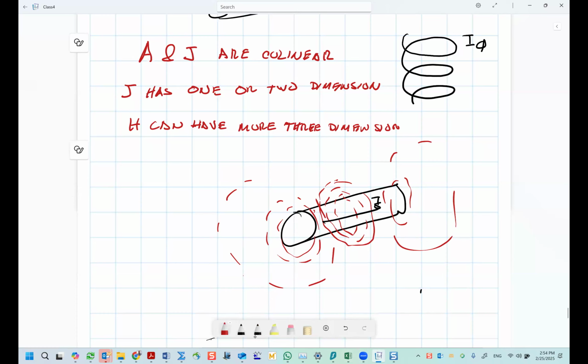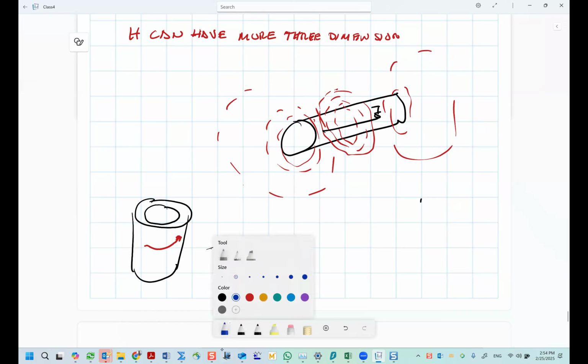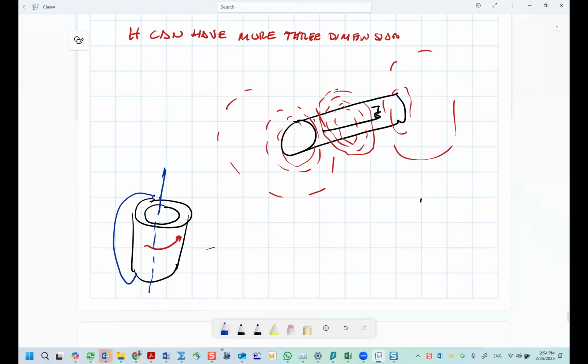So even for this, now, if you have a winding like this, in which you're moving the current in this dimension, the magnetic field is going to be vertical in the middle, but it's going to come like that, and like that, and like that.